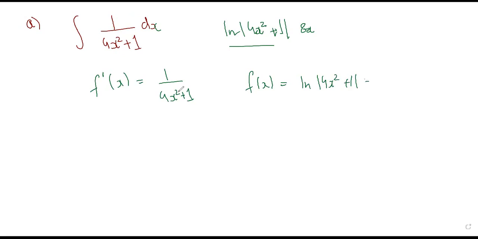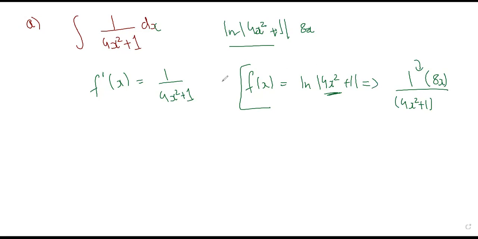Because if this was your f of x, the derivative would have been 1 over 4x square plus 1, into 8x. The derivative of this function comes with the numerator, so you need to divide it by 8x. Exactly.